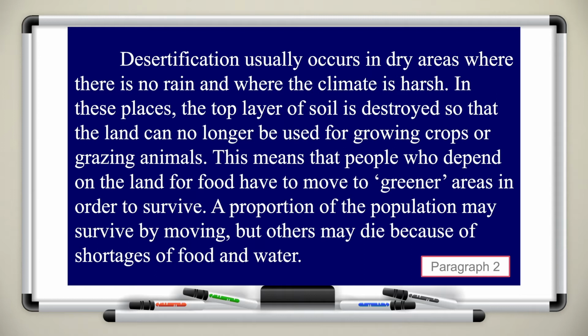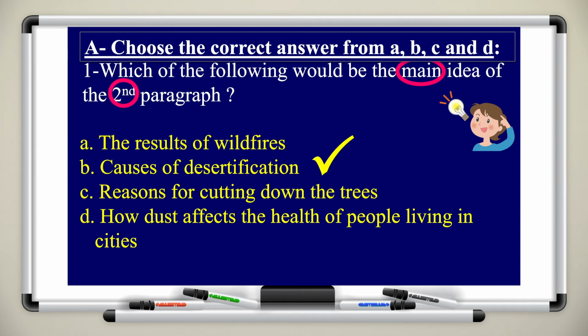Now, it says here desertification usually occurs in dry areas where there is no rain and the climate is harsh. What do I call these? In these places, the top layer of soil is destroyed, so the land can no longer be used. These are causes of desertification. This is the main idea of the second paragraph.